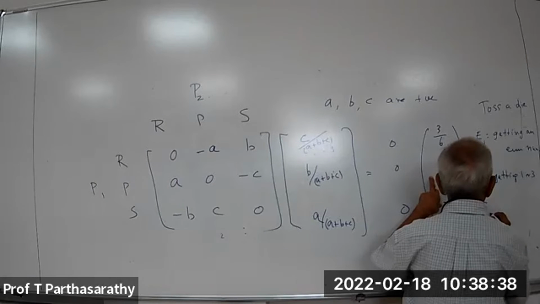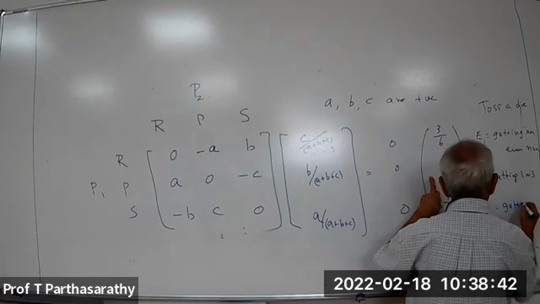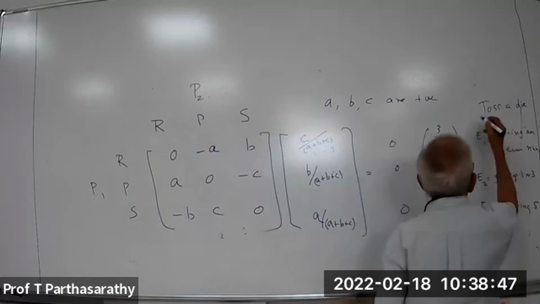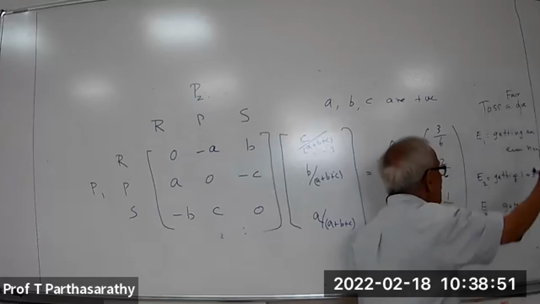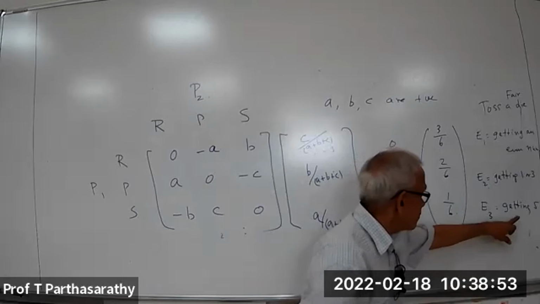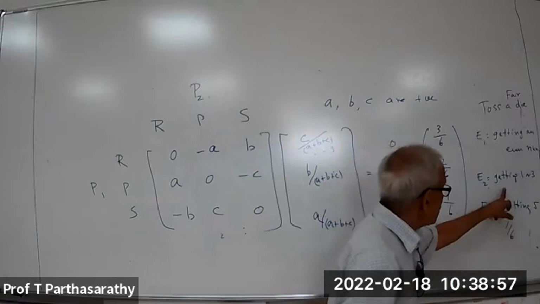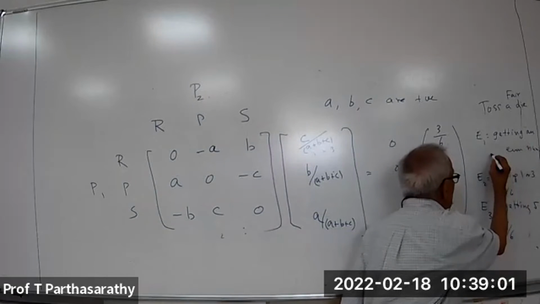E3 is getting 5. You assume it is a fair die. So if you toss a fair die, the chance of getting 5 is 1 by 6. The chance of getting 1 or 3 is 2 by 6. And for this, it is 3 by 6.